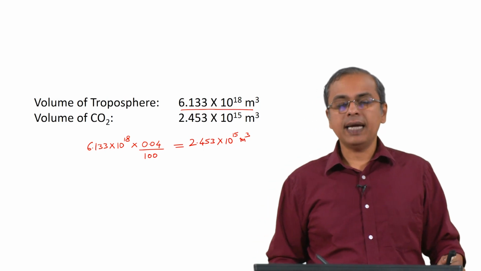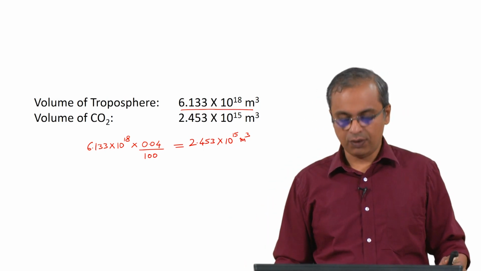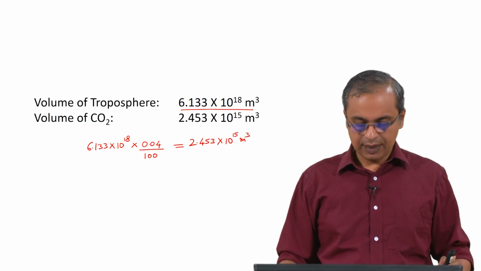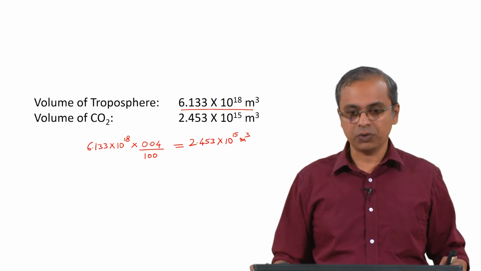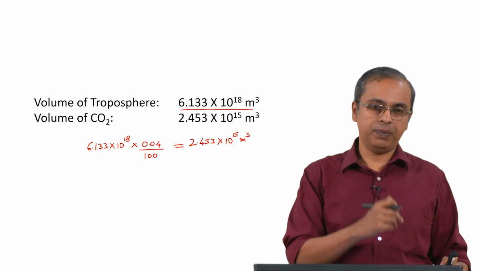Okay. So, that is the volume of carbon dioxide present in our atmosphere. Alright. So, we have simply looked at the percentage and come up with this calculation, and again, as I said, you can run through these numbers and you should see some number close to this. So, that is an interesting quantity for us to keep in mind.